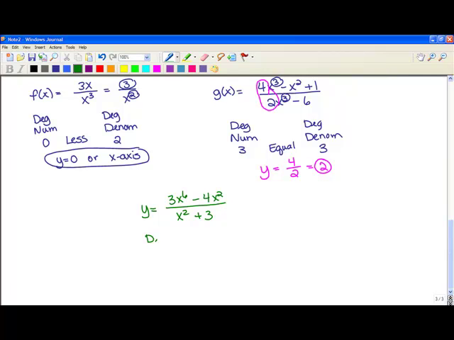The degree of the numerator is 6, and the degree of the denominator is 2. So 6 is greater than 2, and looking at the rules, if the numerator's degree is greater than the denominator's, there is no horizontal asymptote.